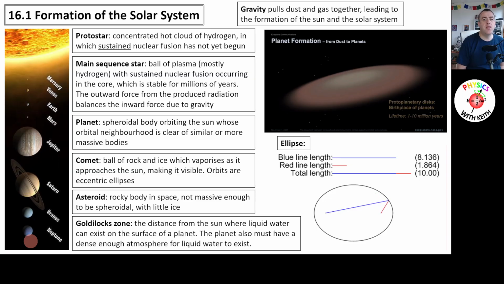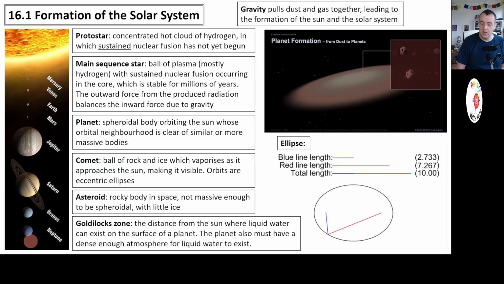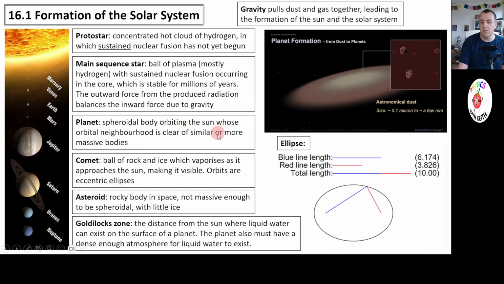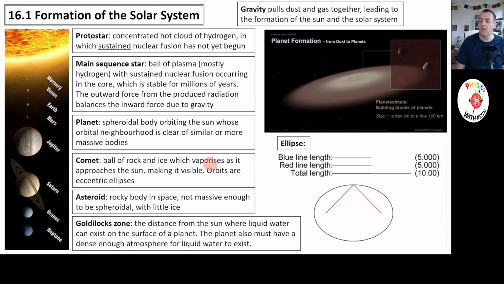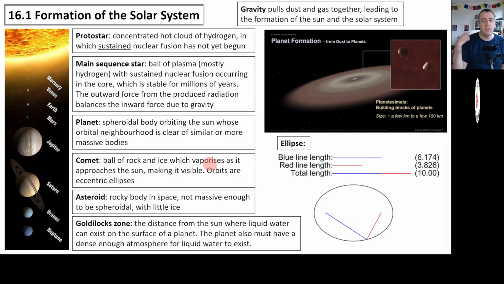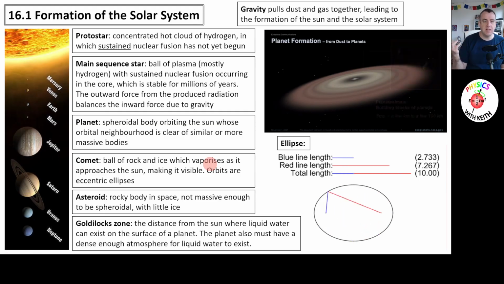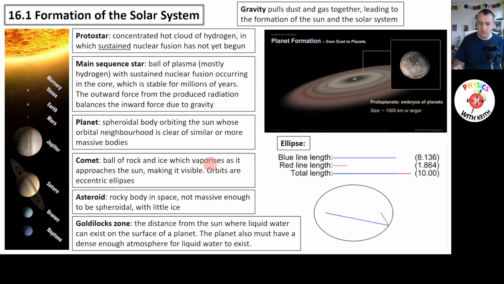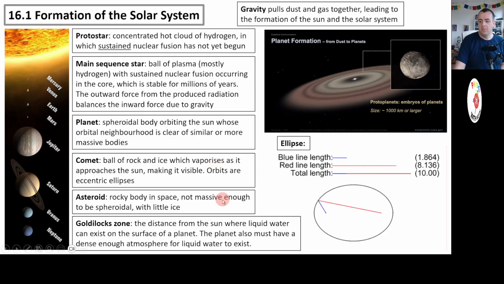If you go much further than that, you'll find the Oort cloud. And we have comets that originate from the Oort cloud. They have a much longer period. In other words, it takes them not just maybe a few hundred years to orbit the Sun, but it might take them thousands, tens of thousands of years to orbit the Sun.